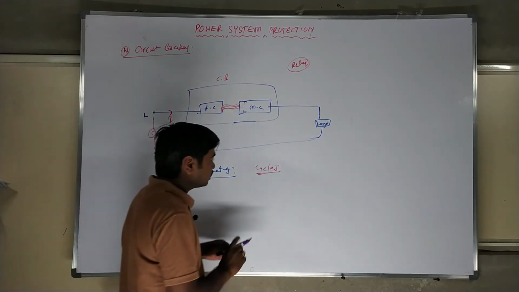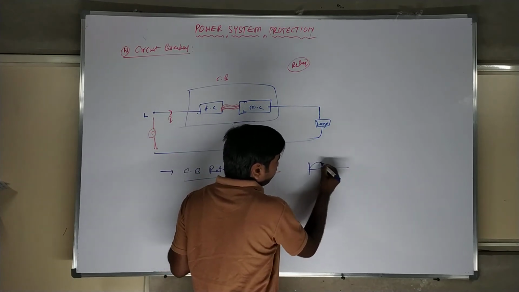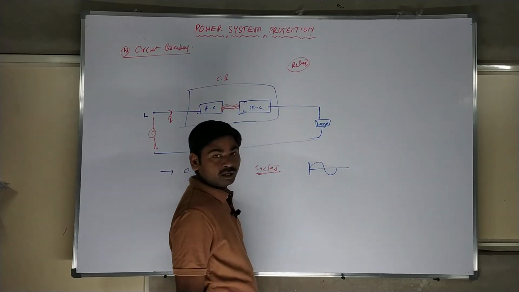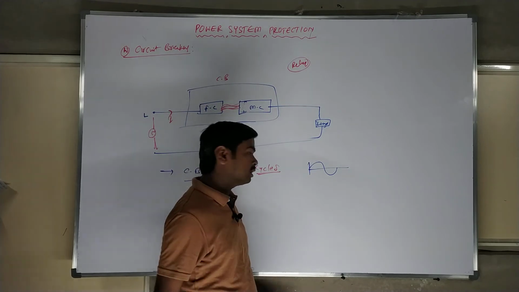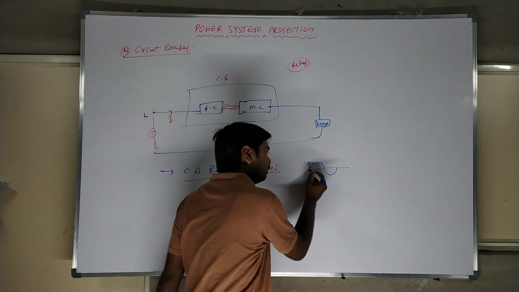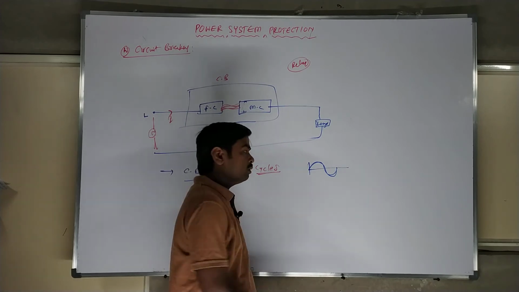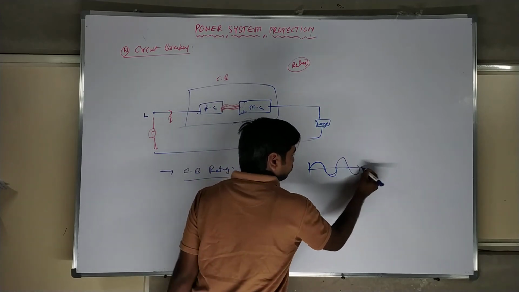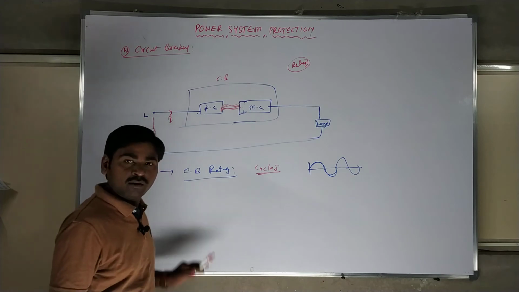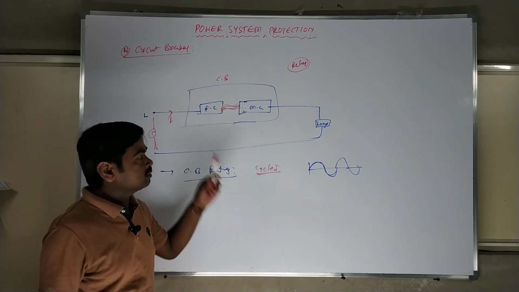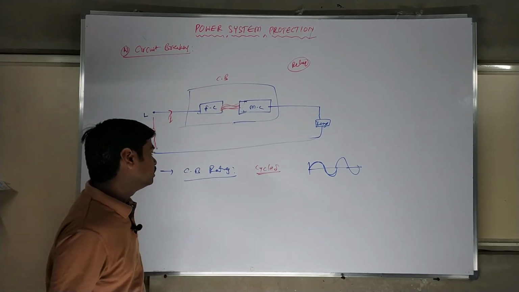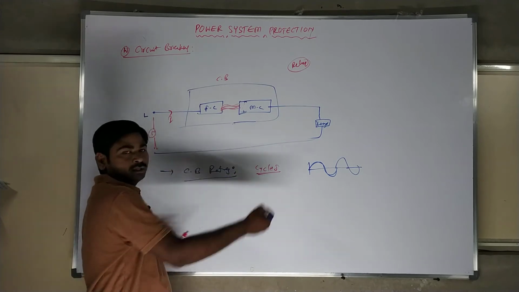A cycle is nothing but this, one cycle. If your circuit breaker rating is 1 cycle, it means your circuit breaker will open within 1 cycle of time. A circuit breaker of 2 cycles means that after getting a problem, within 2 cycles the circuit breaker is going to open. So generally the operating time of a circuit breaker is expressed in cycles, not seconds.